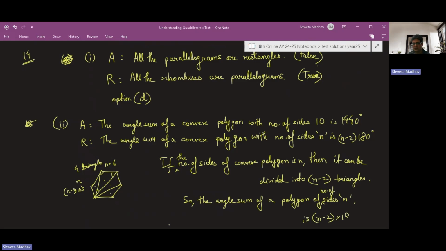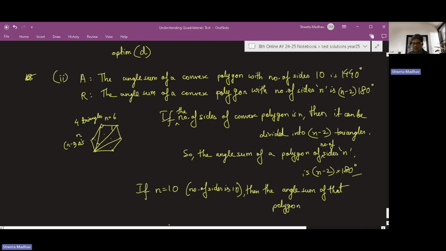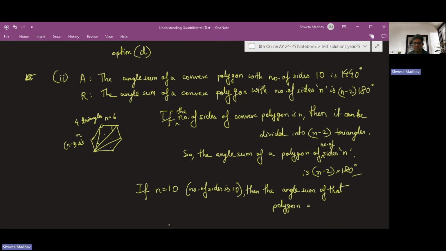Here if we have n as 10, which means the number of sides is 10, then the angle sum of that polygon will be given as 10 minus 2 into 180 degrees.